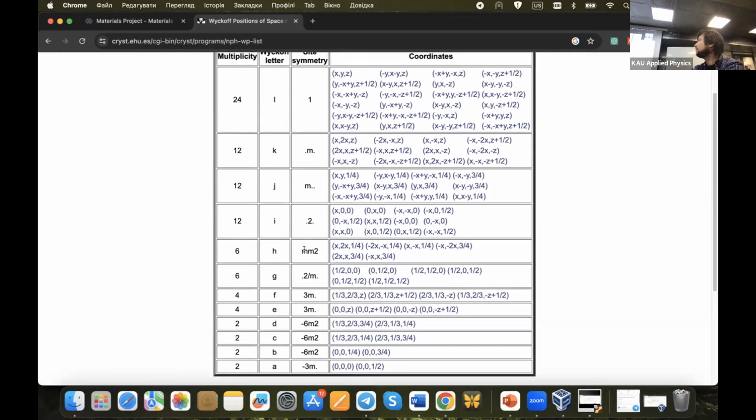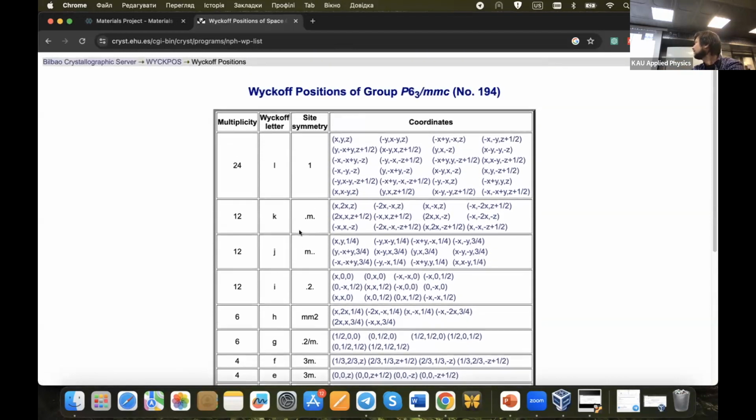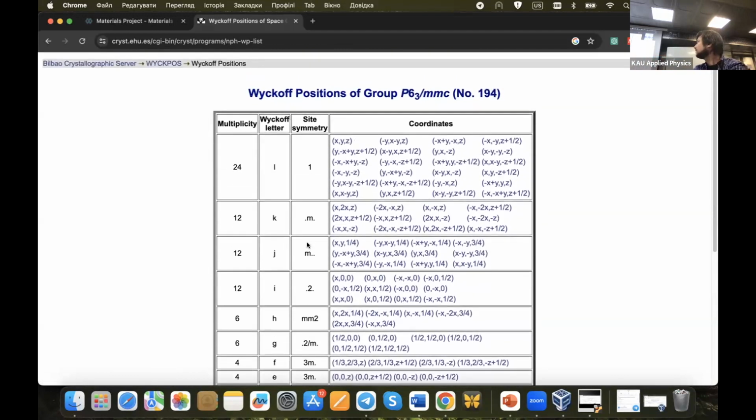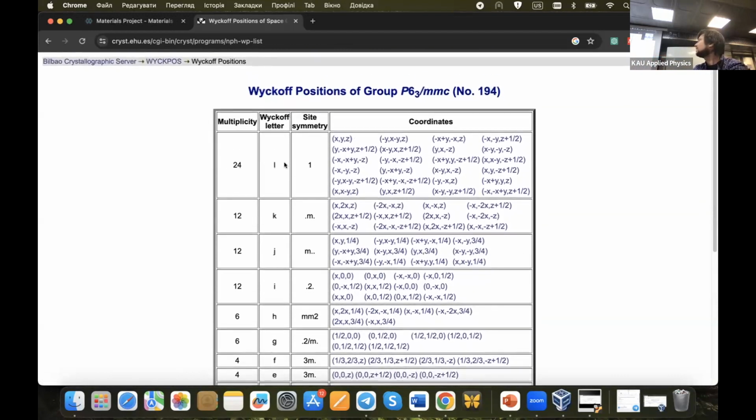What's mm2? It means that we can mirror and then mirror. This means that we can rotate it twice. And this symmetry means that we don't have any specific symmetry. We have only these coordinates.